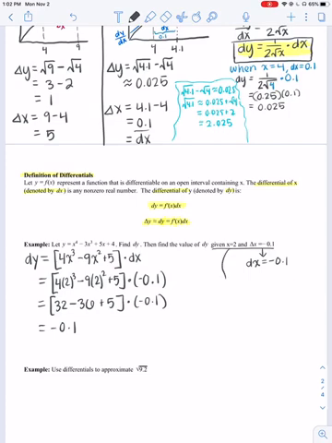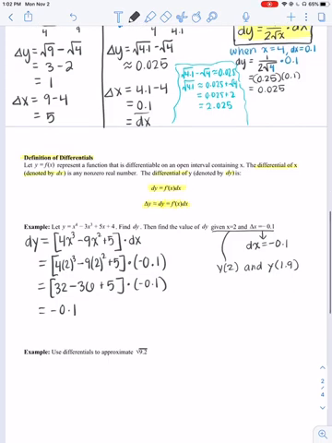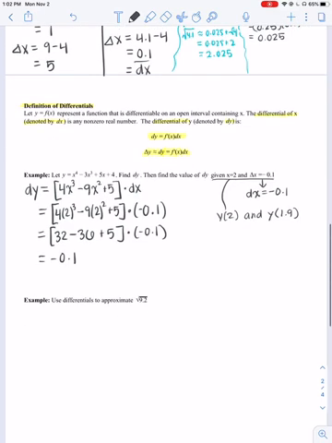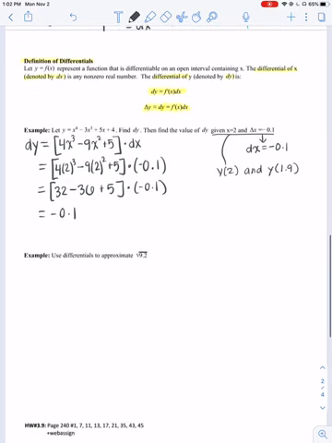So it'd be y of 2, and it would be y of 2 minus 0.1, so it'd be 1.9. So you could find the actual change. This one's actually not the best approximation, but that's because of the graph. So if you graph it and you see the tangent line, you'll see why it's not as good of an approximation.